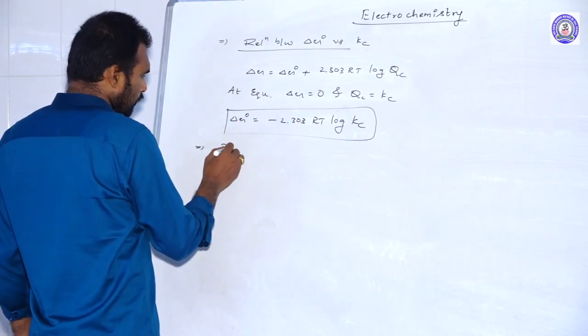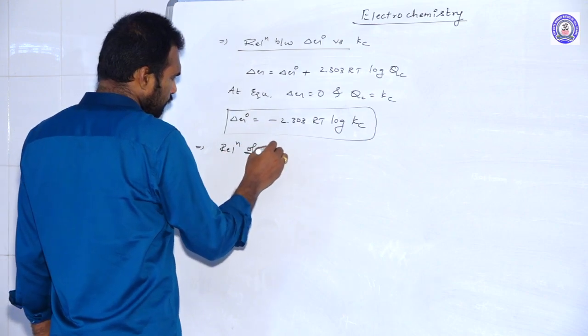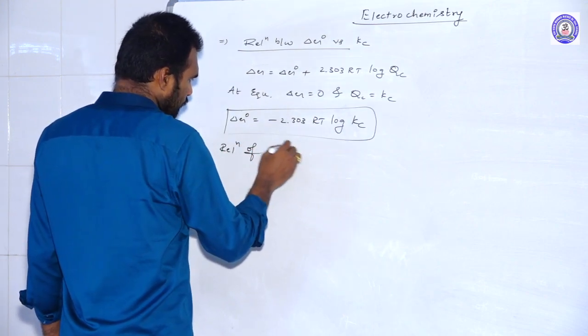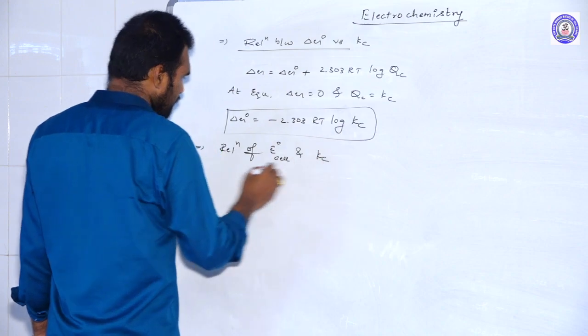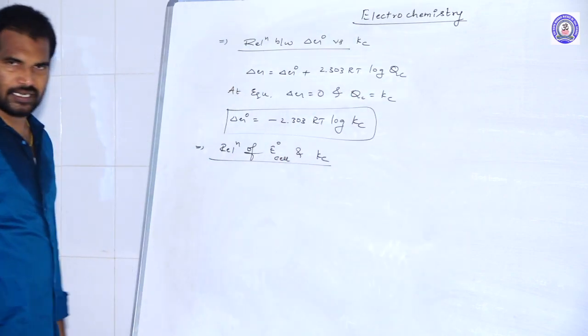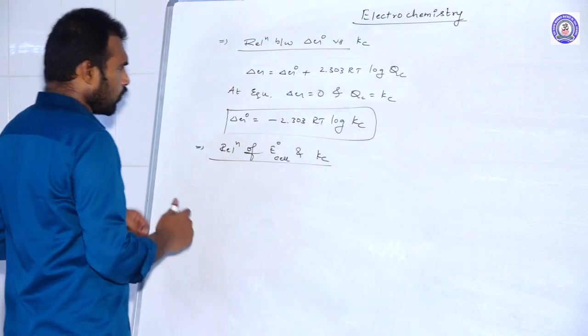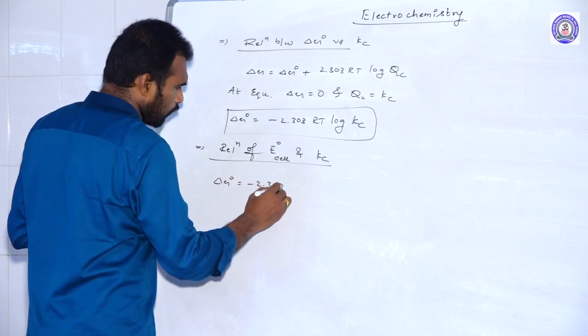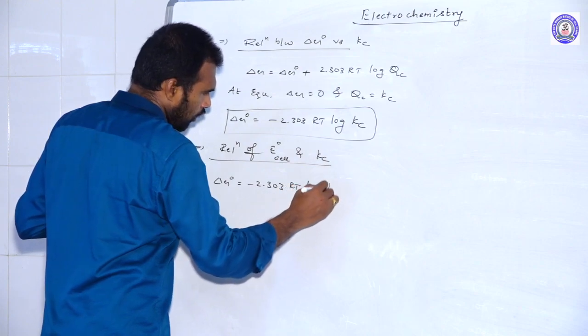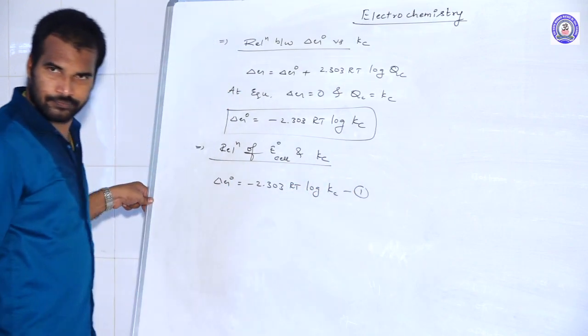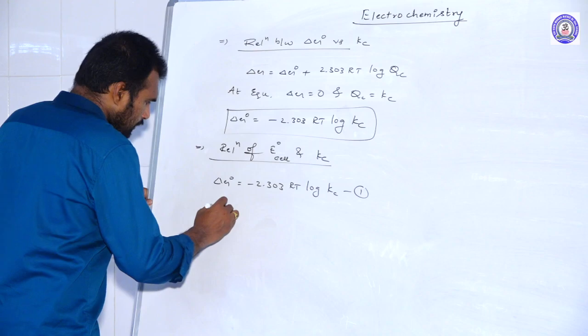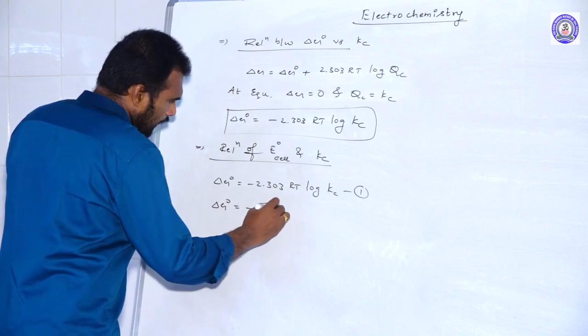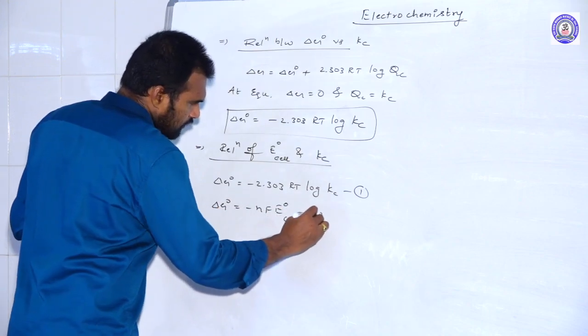And one more relation: between E cell, E naught of cell and Kc. From the above, what is the relation for del G naught? Del G naught is equal to minus 2.303 RT log Kc. This is equation number 1. And one more formula: del G naught is equal to minus nF E naught of cell. That is the second equation.